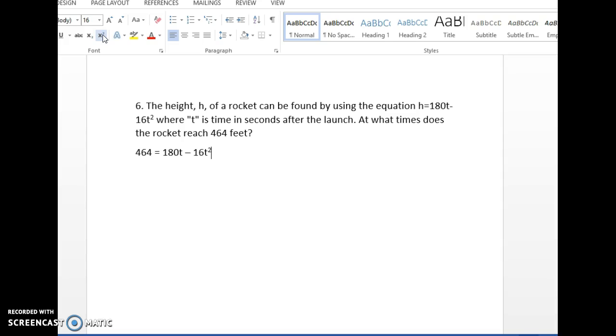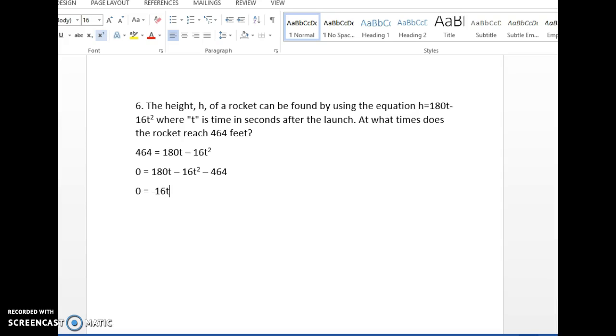And like we did before, let's subtract 464 from each side to get a 0. Now let's put this in descending order before we do anything else.